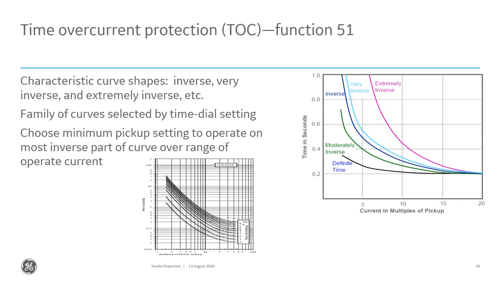Whereas definite time or moderately inverse basically says, hey, for high fault currents and low fault currents, I want to trip at about the same time. I'm not going to wait too much between the two. So it all depends on the application.